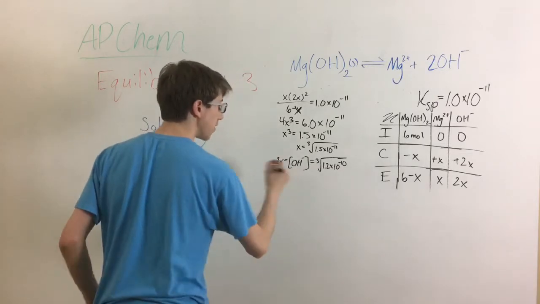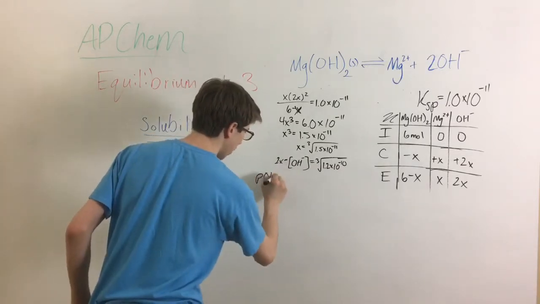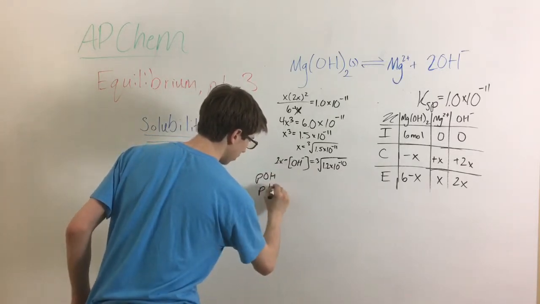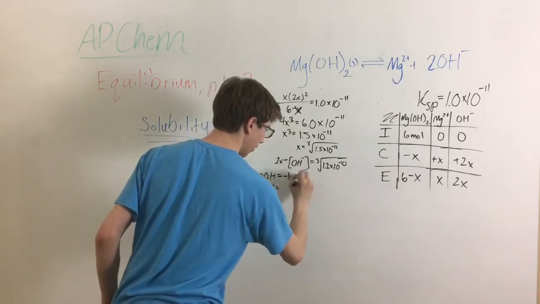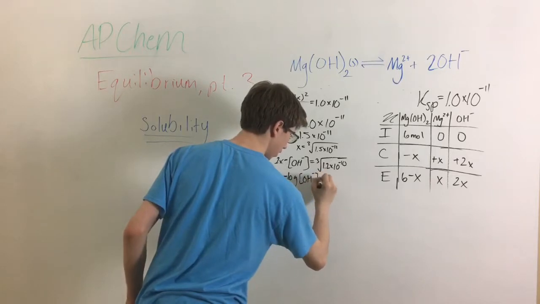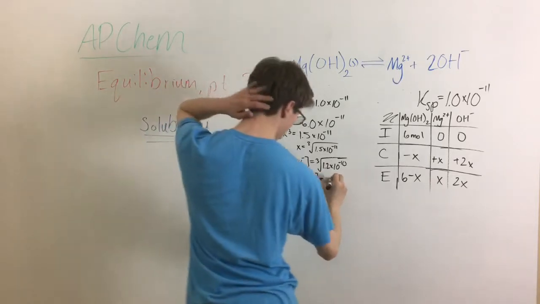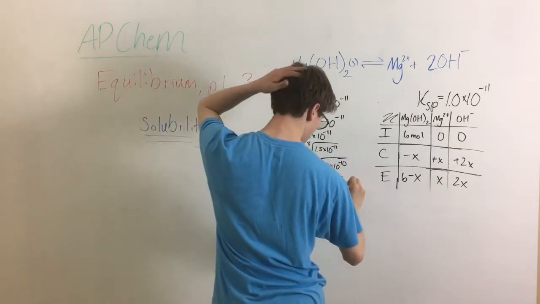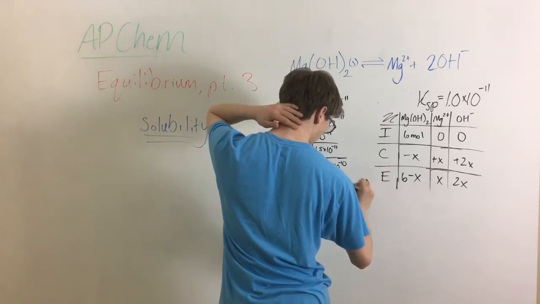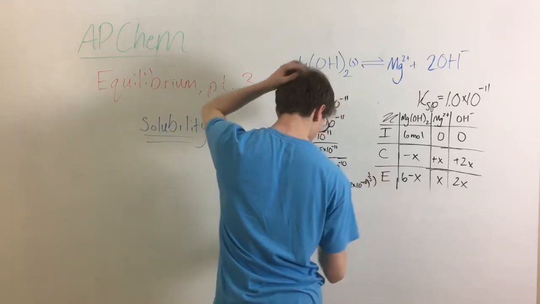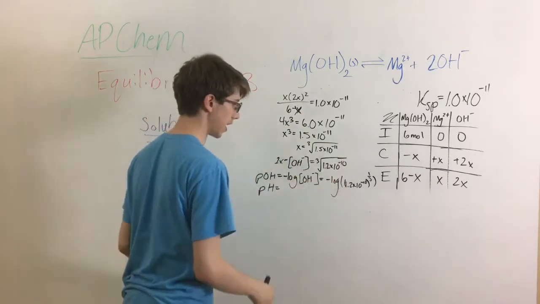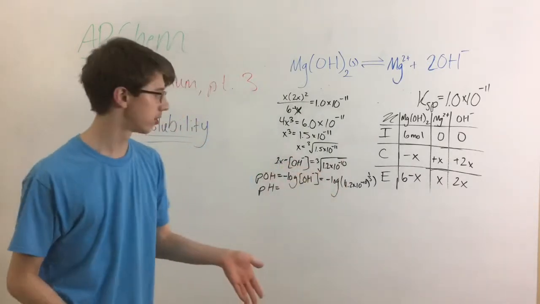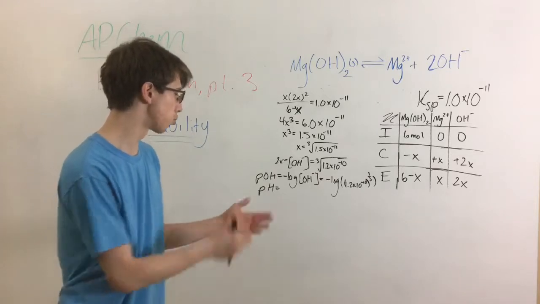So then we need to find the pOH, and then why don't we find the pH as well, just for kicks. So the pOH is going to be the negative log of the concentration of hydroxide, which is equal to the negative log of 1.2 times 10 to the negative 10 to the power of 1/3, which is equal to negative 1/3 times log of 1.2 times 10 to the negative 10, which is going to be around 10 times 1/3.